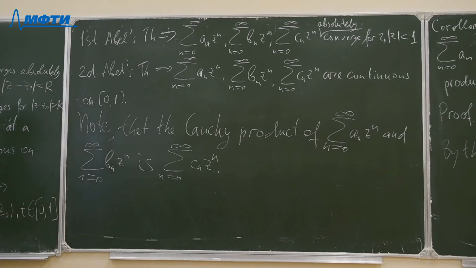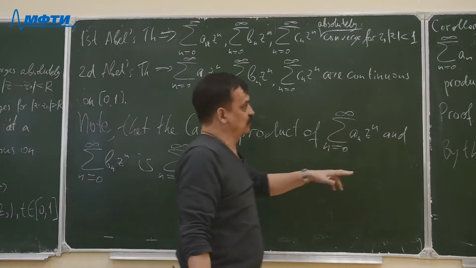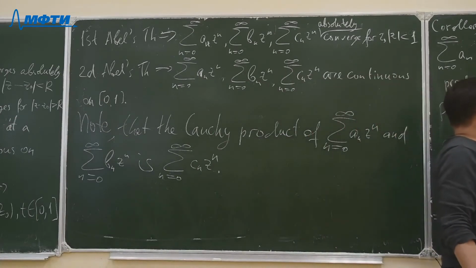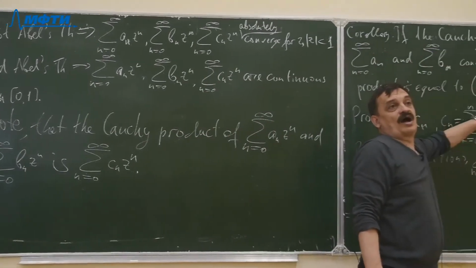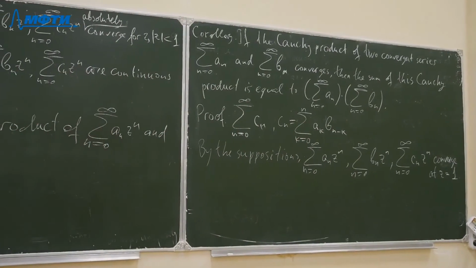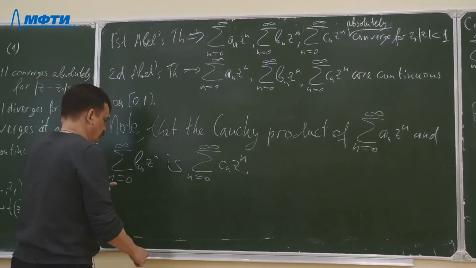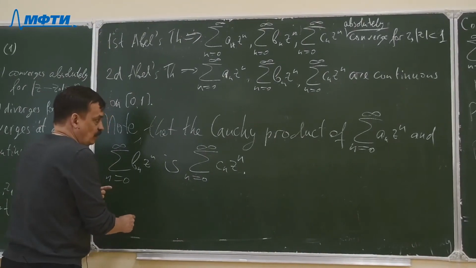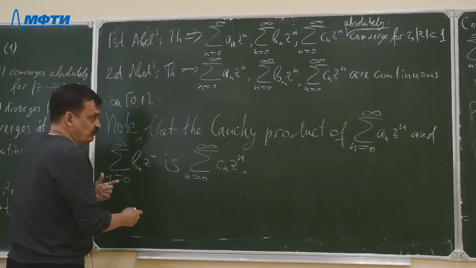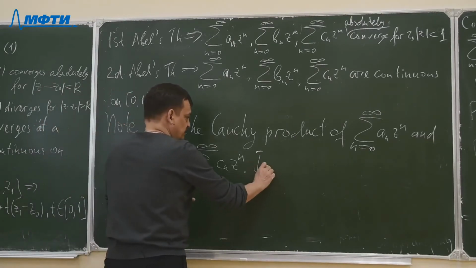Why? Because what is the Cauchy product? So let me recall. In the Cauchy product, I should sum up all terms with the same sum of indices, right? So what are the terms of the Cauchy product, indeed.